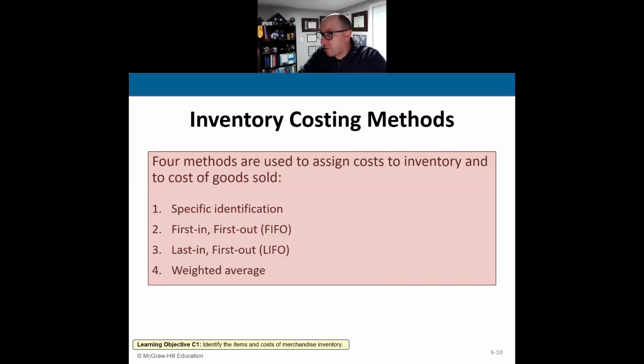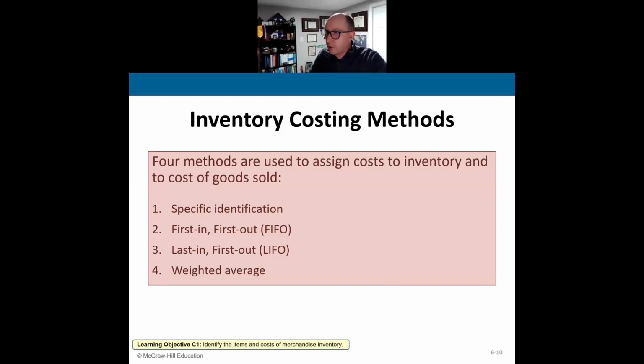What first in, first out means is that as the inventory is coming into the store, I'm going to sell that first inventory we received.